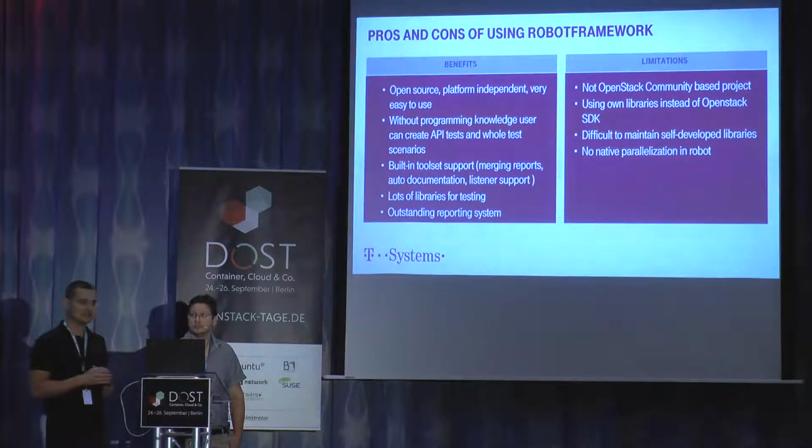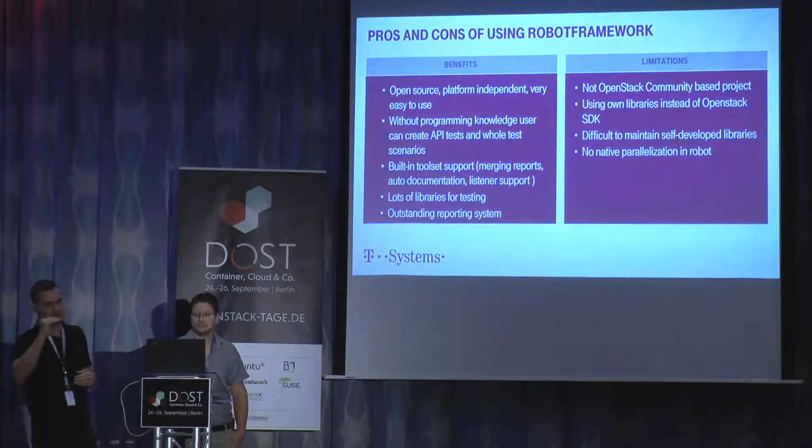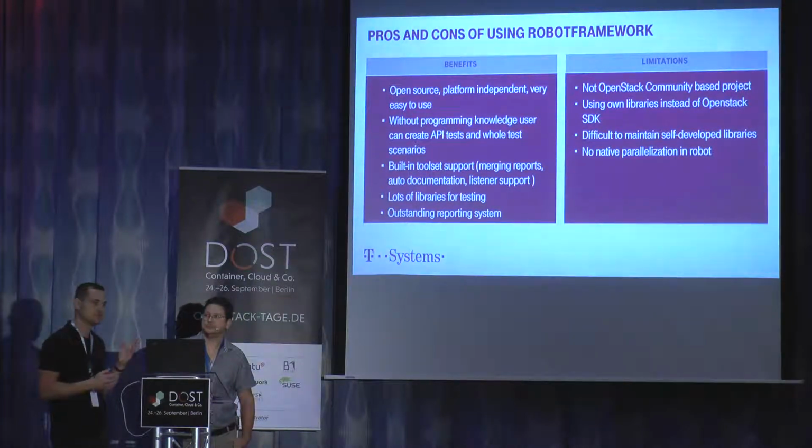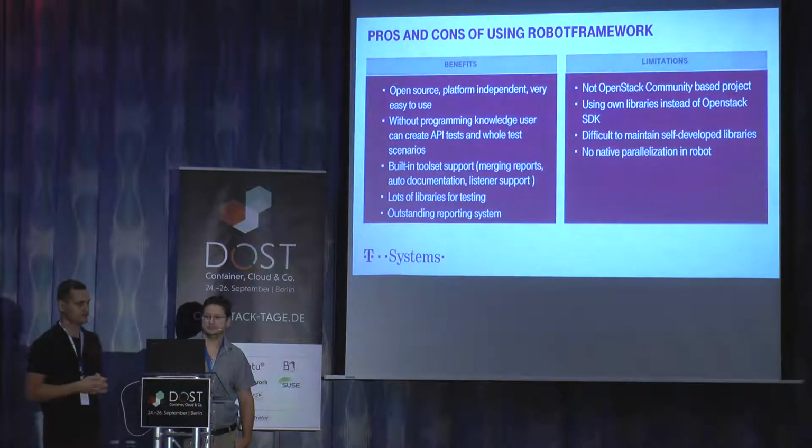By nature, Robot does serialization. Every test case, just first test case finishes, then it starts the second one. PABOT can solve this issue, but here we would still need some kind of evaluation, and we might improve our work in this area.